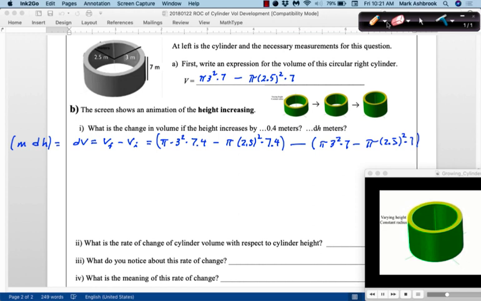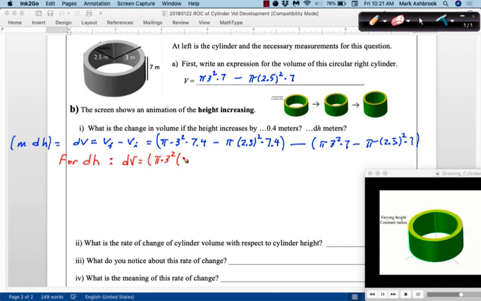And now I'm going to do it for dH. Instead of 0.4, let's just do it generically for dH. Okay, so here we go. dV equals pi times 3 squared times what? 7 plus dH.